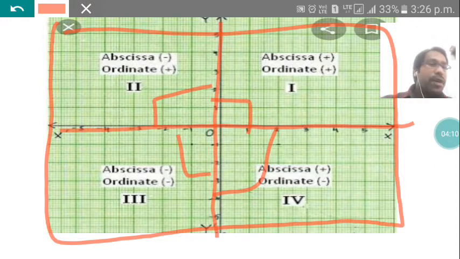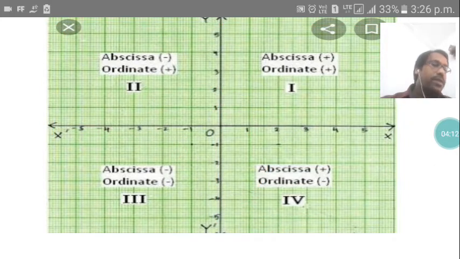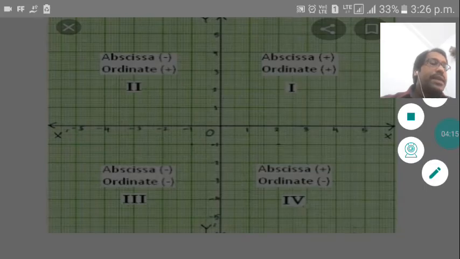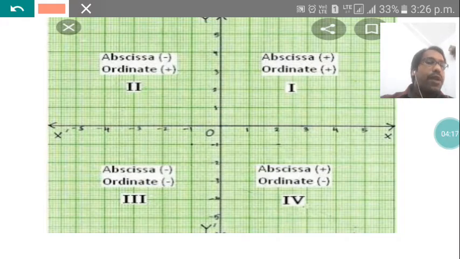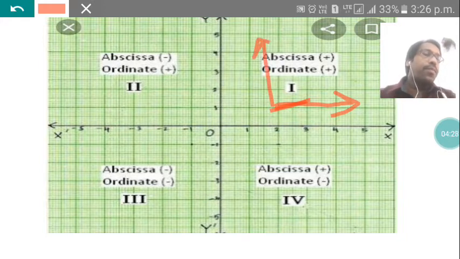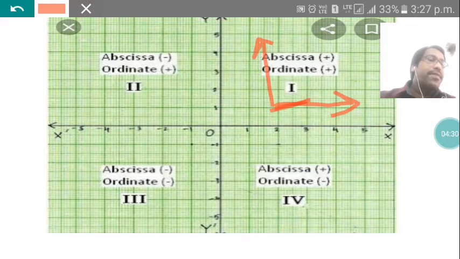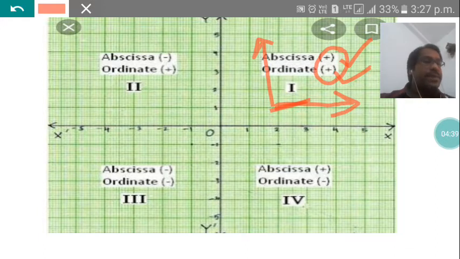What is the use of the quadrants? This is called the first quadrant. In this direction, x is positive and y is also positive. That is why abscissa means x and ordinate means y, positive and positive. Remember, your abscissa and ordinate are positive in the first quadrant.